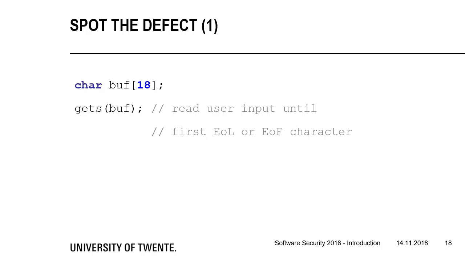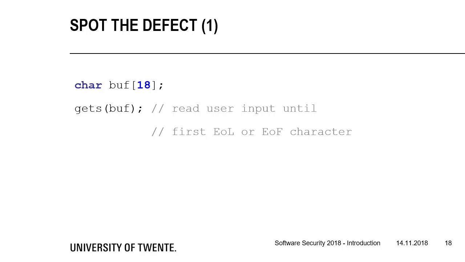Yes. gets will read from the standard input until it encounters the end of line or end of file character. But when that doesn't happen within the first 17 bytes of input, it will just continue writing to memory, outside the boundaries of that buffer, and it will overwrite other things.